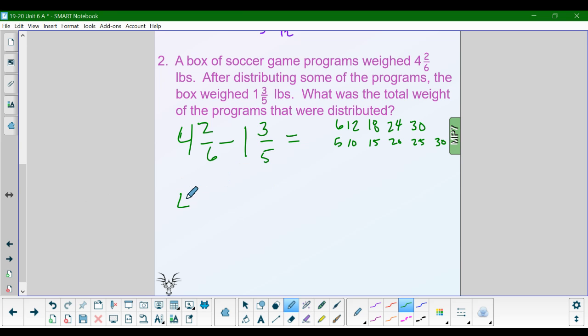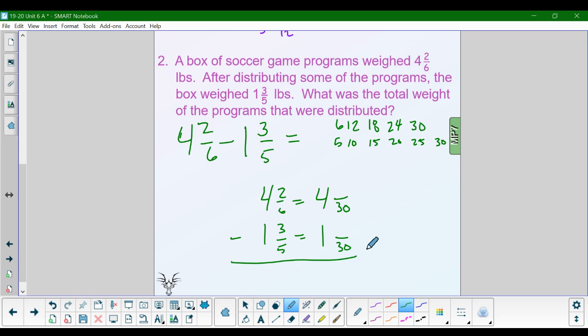So I like to write these problems. You can write them horizontally, but I like to write my subtraction problems vertically. So I have 4 2/6 is going to become 4 and something over 30, minus 1 3/5, which is going to become 1 and something over 30.